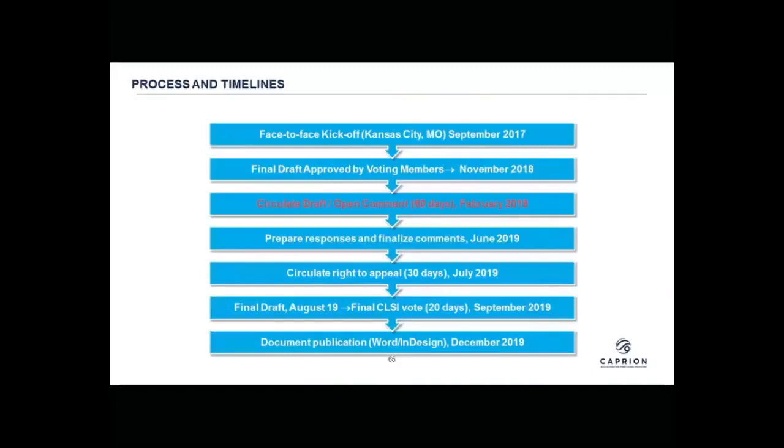So we hope everyone comments on the document and provides their feedback. Then we have until June to respond to each and every comment. And if you're not satisfied with how we have responded to your comment, there is a 30-day appeal period. And so then finally, it will go back to CLSI in August, and it will be published in December of next year.